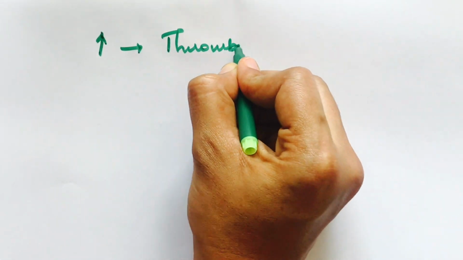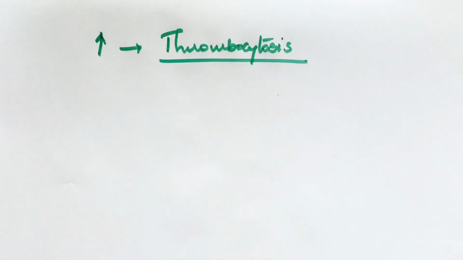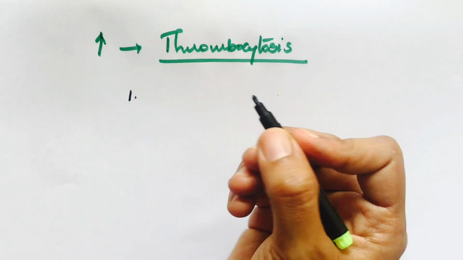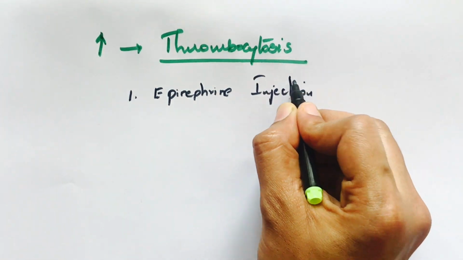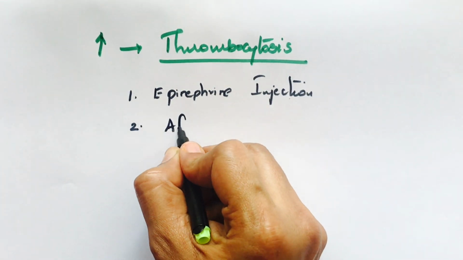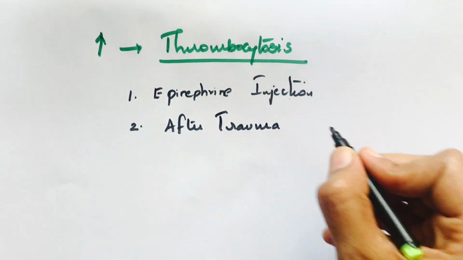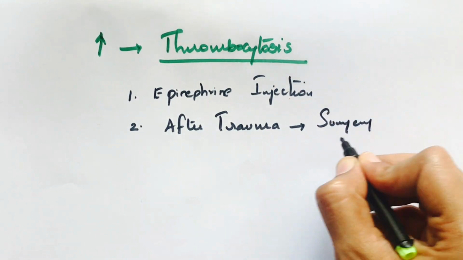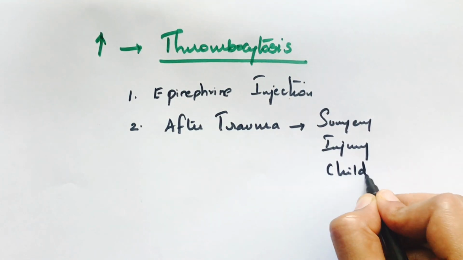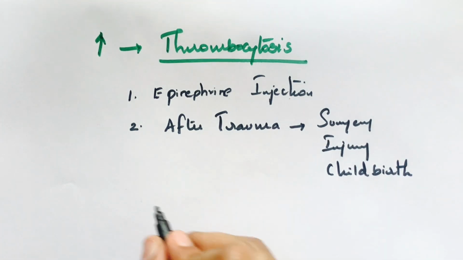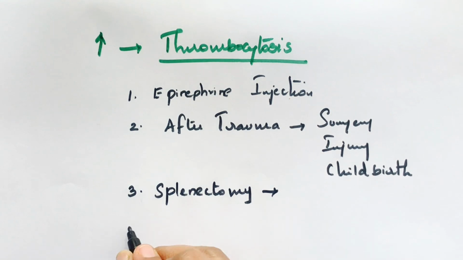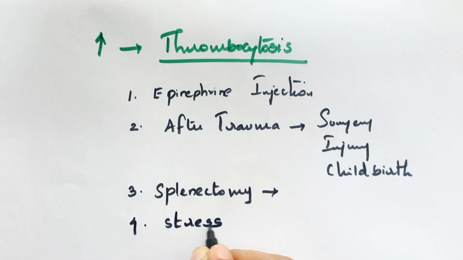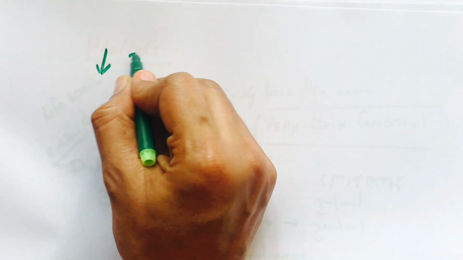Increase in platelet count is called thrombocytosis, which is seen after the injection of epinephrine, after any trauma like surgery, injury, or after child labor, removal of spleen, and during stress.